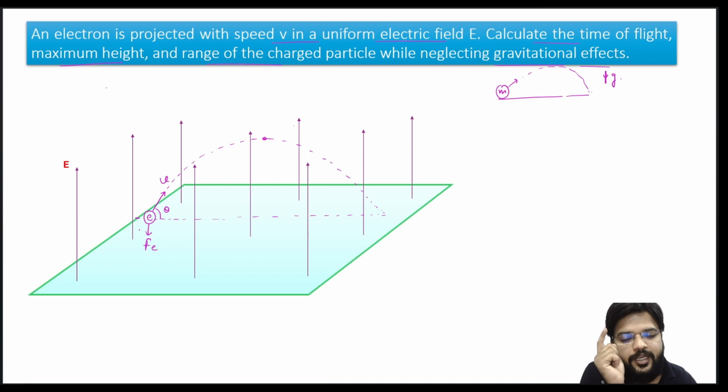Here the electrostatic force is responsible for the electrostatic acceleration, and due to this, the particle is doing projectile motion. So this case and that case are the same. Here we have gravitational acceleration, and here we have acceleration due to the electrostatic force. The cause of acceleration is different, but both particles are accelerating in the downward direction, and both are doing projectile motion. So we want the range, time of flight, and maximum height.